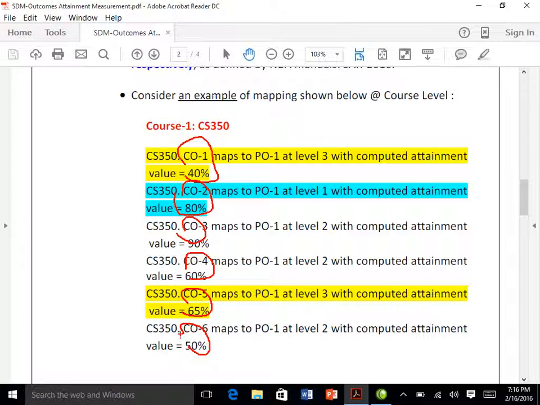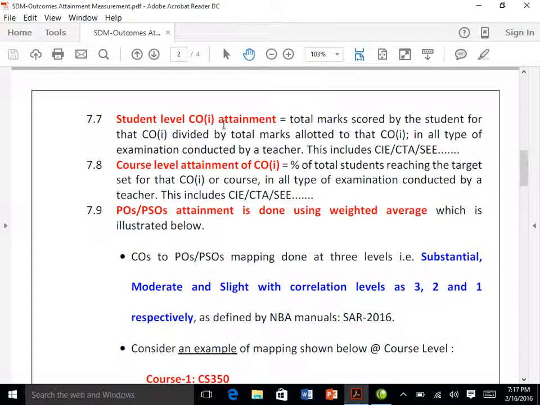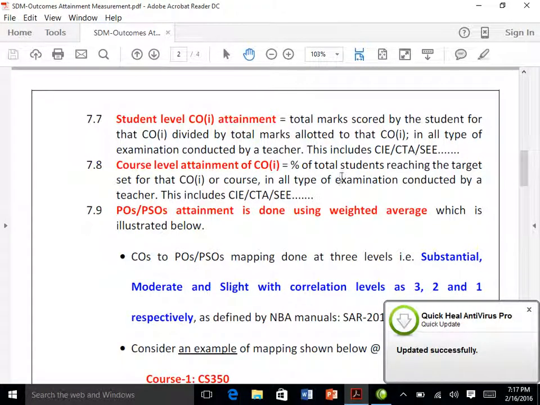That is, these are the percentages indicating the number of students reaching the target, as given in 7.8 here. That is, course level attainment of a given CO is equal to percentage of total students reaching the target set for that CO or the course in all types of examinations.